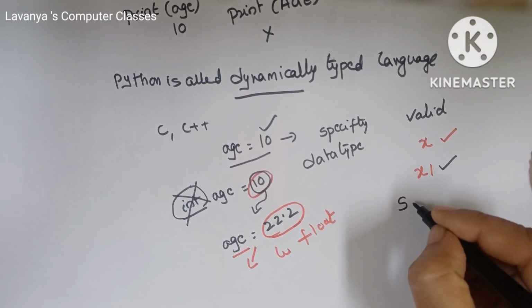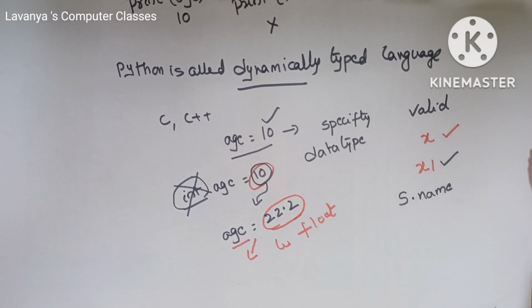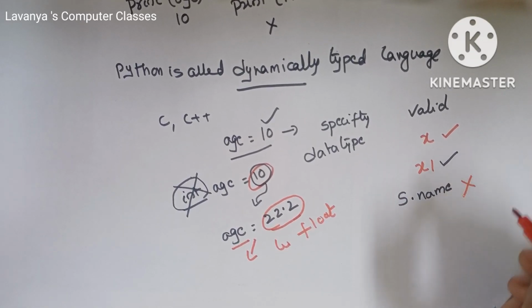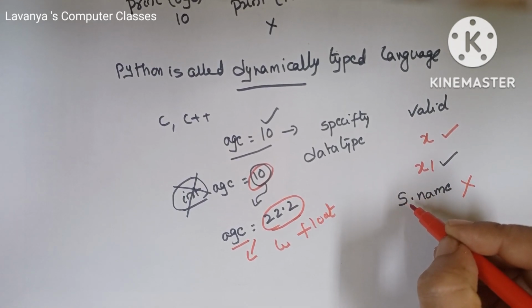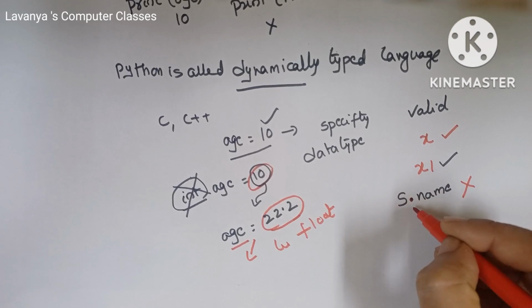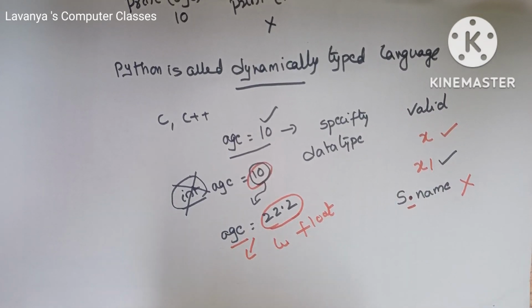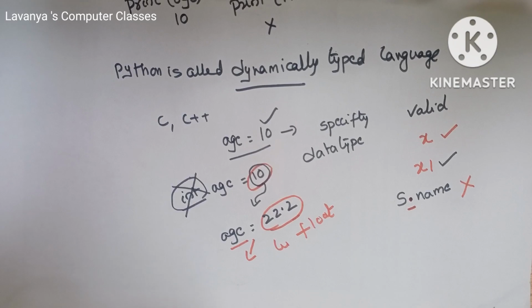For example, student.name, S.name: is it an acceptable variable? No, it is not an acceptable variable name. Why? It starts with S, no problem, but it contains one dot. Any variable name contains only alphanumerics and underscore only, no other special symbols.